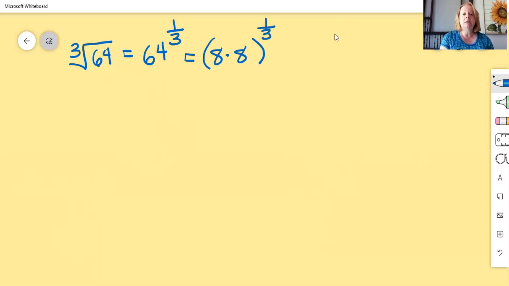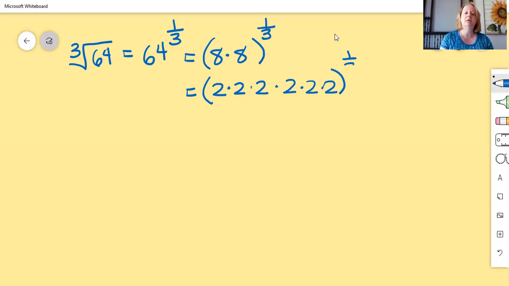Well, 8 is really 3 2's, and then we have another 3 2's here. So how many 2's do we have?